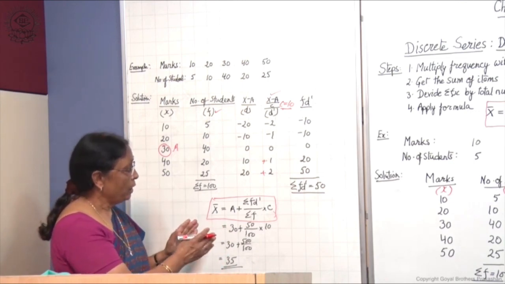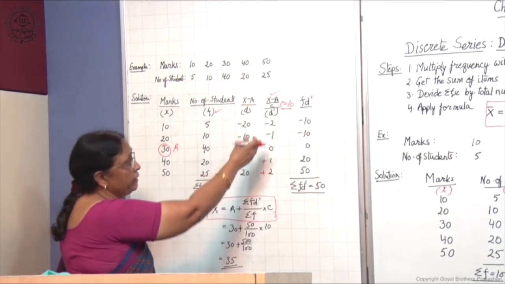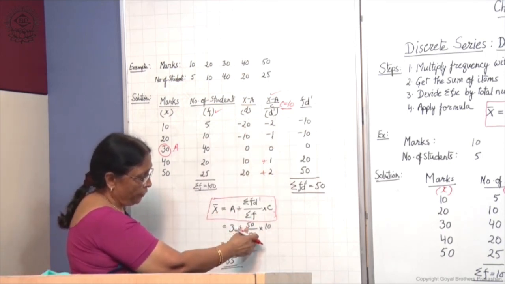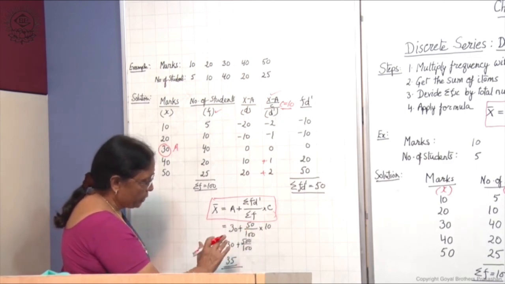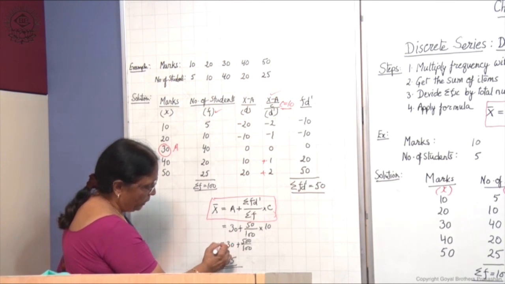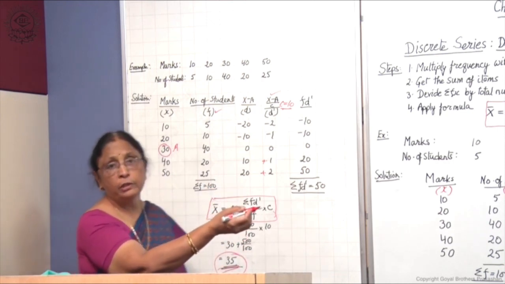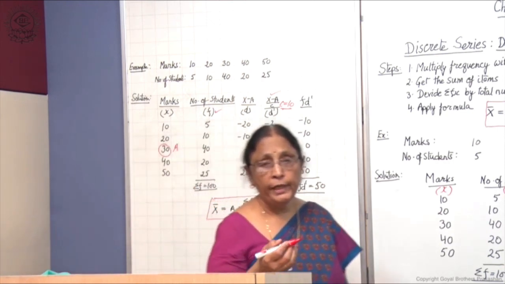If you learn the formula, you write the correct formula with confidence and then very easily you can put in the values and do the calculation. Here, 30 plus 50 upon 100 into 10. This will be 30 plus 500 upon 100, and the answer is 35, as you got earlier, right?